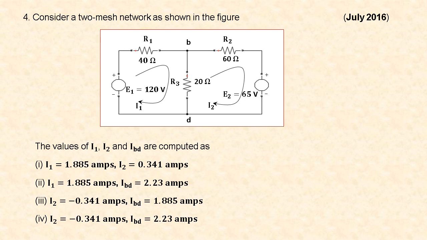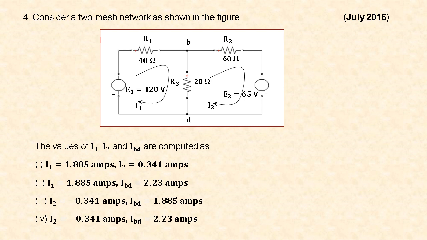The values of I1, I2 and IBD are computed as: first one, I1 is equal to 1.885 amps, I2 is equal to 0.341 amps. Second one, I1 is equal to 1.885 amps, IBD is equal to 2.23 amps.